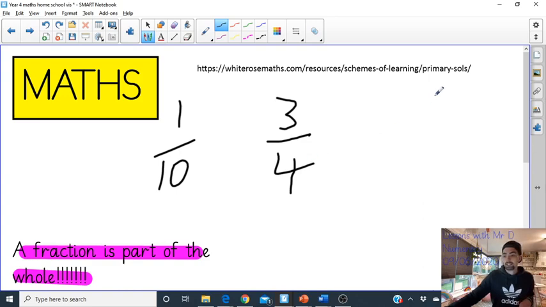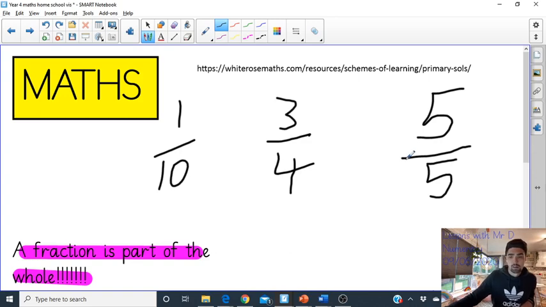And another fraction that we could look at is 5/5. Again, is it a unit fraction? No, because the numerator is bigger than 1. What is interesting about the numerator and the denominator, though? They're the same, they're equal.